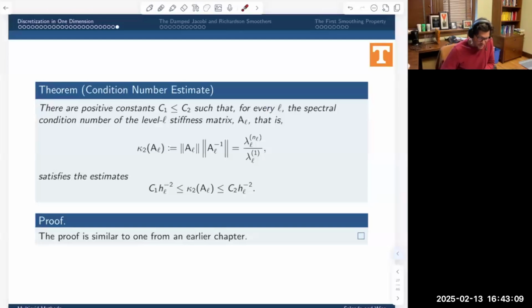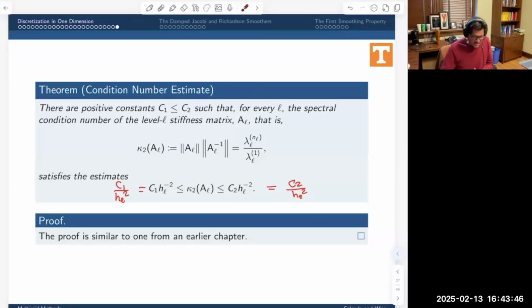As we showed in chapter 3, we can always prove that this condition number is bounded above by some positive constant times h_L to the minus 2 power, and bounded below by another positive constant times h_L to the minus 2 power. I guess it would be less of a mouthful if I write these like this: this is C2 over h_L squared, and this one is C1 over h_L squared.